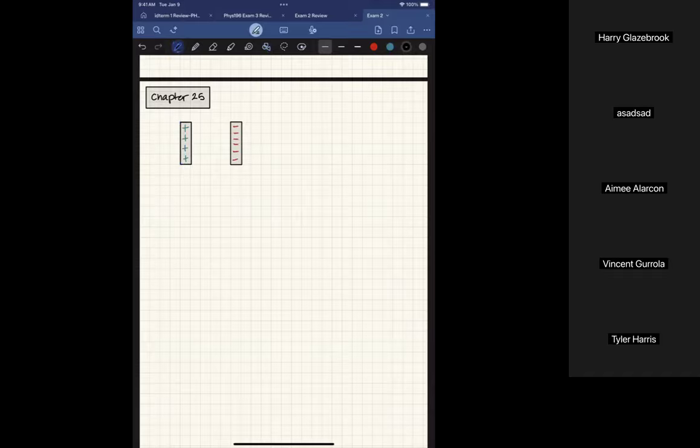They might give us, say, a proton right here. Our proton is going to start at rest on the positive plate.